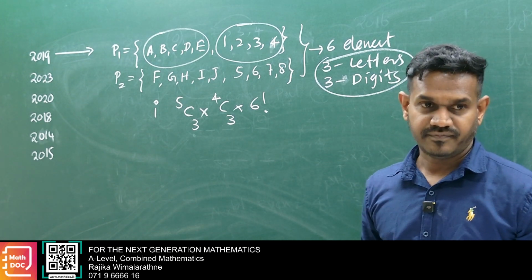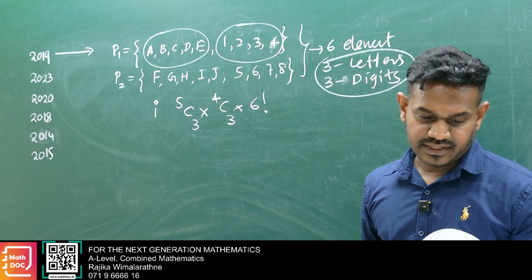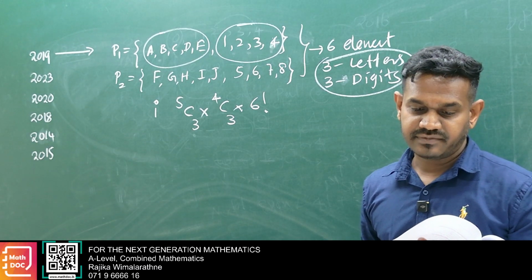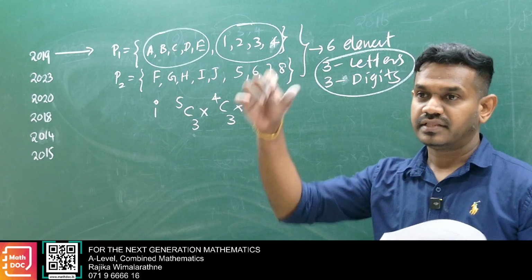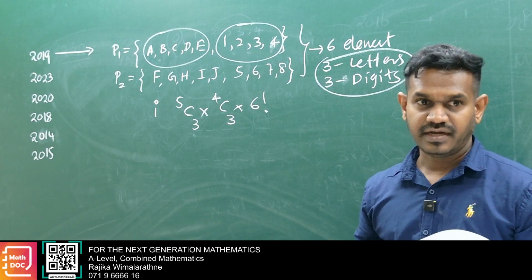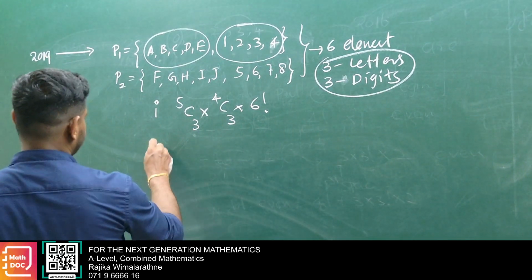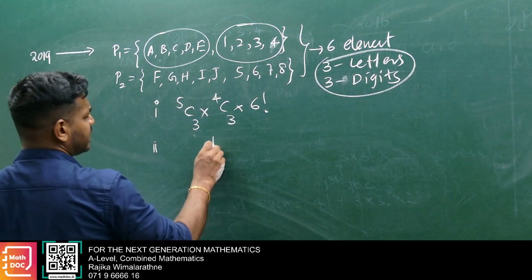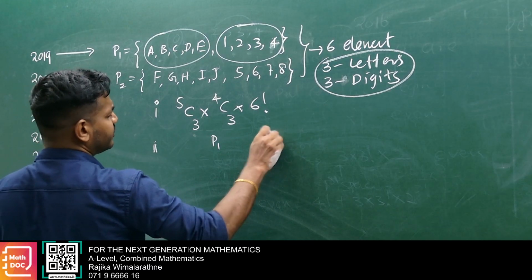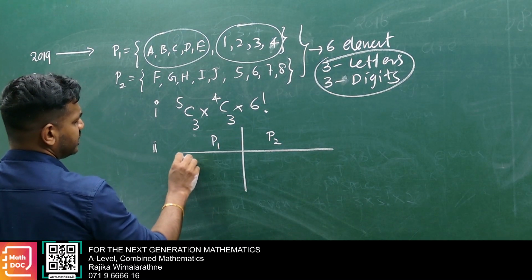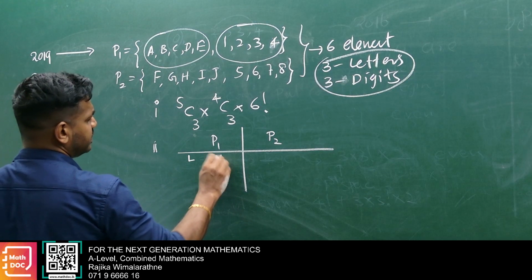That's the first one. Second one, 3 elements are chosen from P1 and 3 elements are chosen from P2. Okay. Then here, second case, let's make a table P1, P2. Here letters, digits.